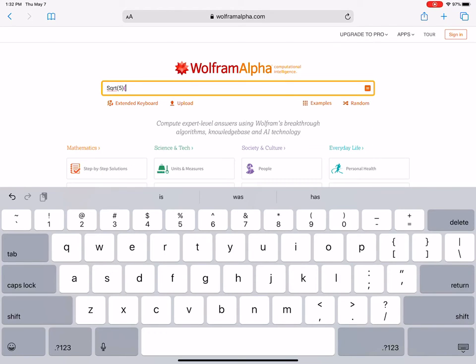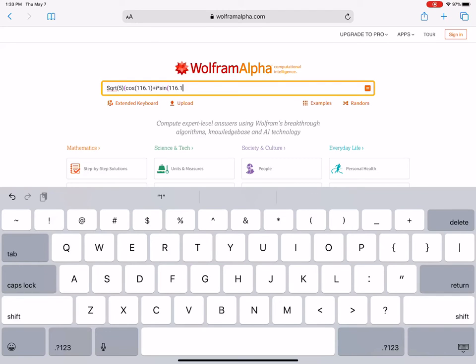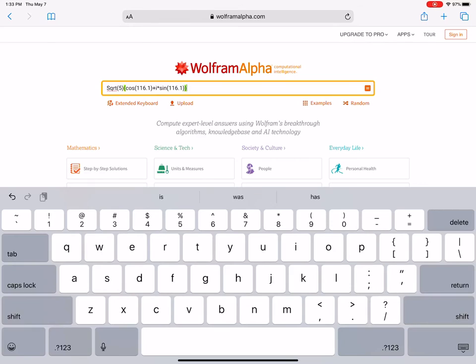Okay, I want cosine 116.1, plus i, and I think it helps if you put the times in there, times the sine of the same thing, 116.1, close the parentheses. All right, let's see what this does.